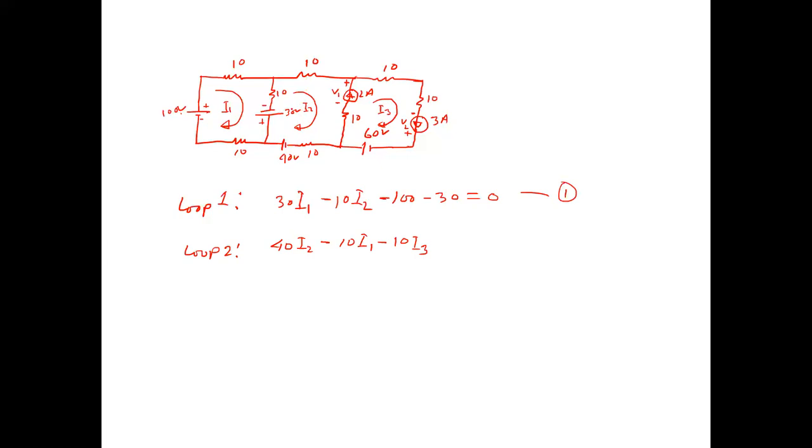Now voltage, this voltage is this 30 voltage, plus to minus, so this is the plus 30. Okay, and this voltage, this is minus to plus, so this is the minus 40.